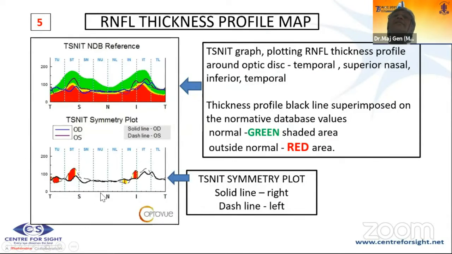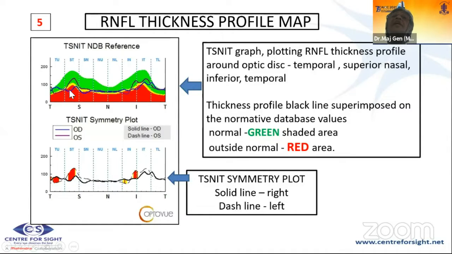Now comes the next, the profile map. This is very, very important in this particular phase. Red is the right eye, and blue is the left eye. If we look at the right eye, it is showing good humps and they are present. The humps are very good and it's all in the normative data.